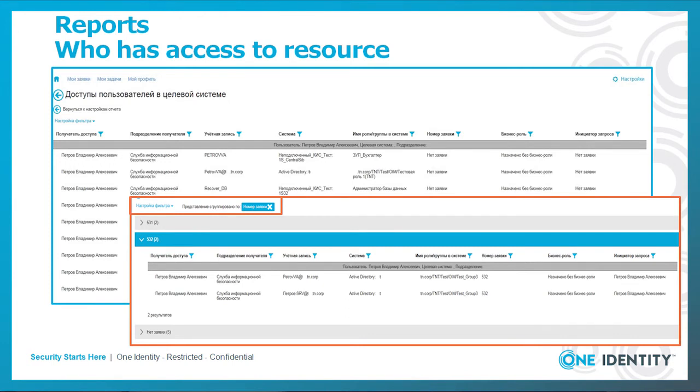Then some reports. I think IDM primarily deals with the requests approved by the IDM. This is an issue for big companies because there are many requests, several millions. And to run the rectification process is a difficult thing, especially in a bureaucratic organization. So we need to do the rectification, we need to plan for this, do it stage by stage, but the question is what to do now.